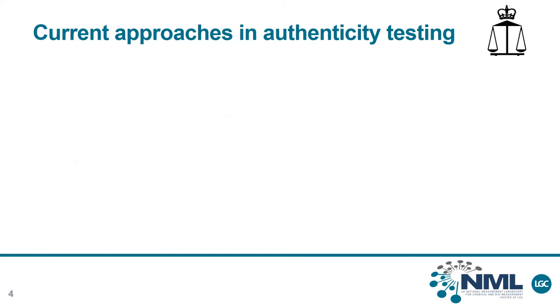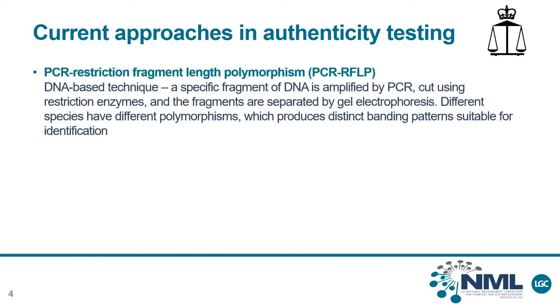A survey by the Labelfish project identified the three most prevalent fish speciation testing methodologies in the EU. In PCR-RFLP, the polymerase chain reaction is used to amplify a specific fragment of DNA, which is then cut using restriction enzymes.